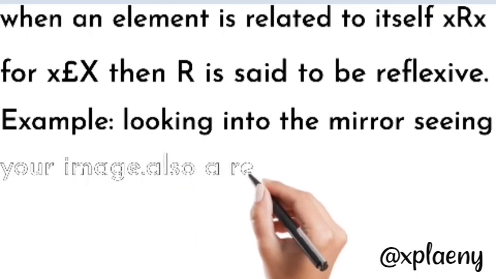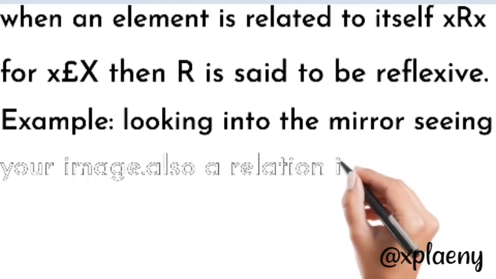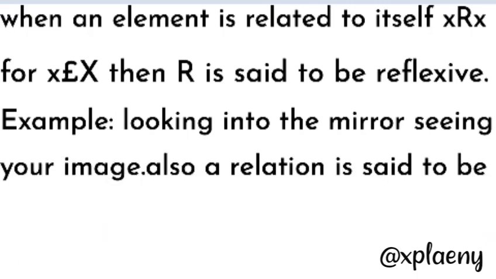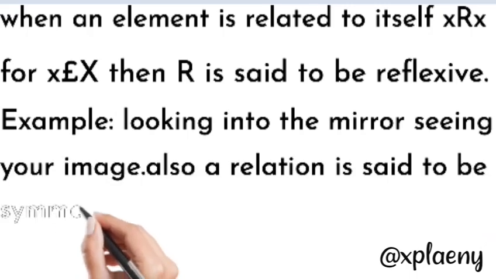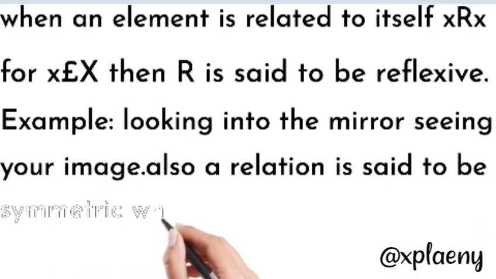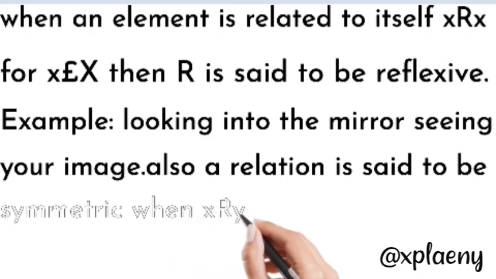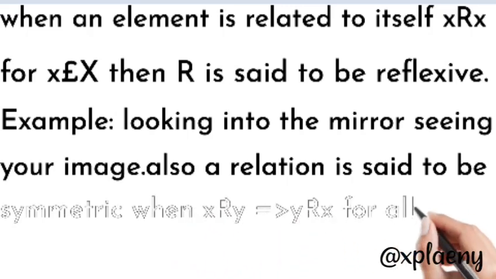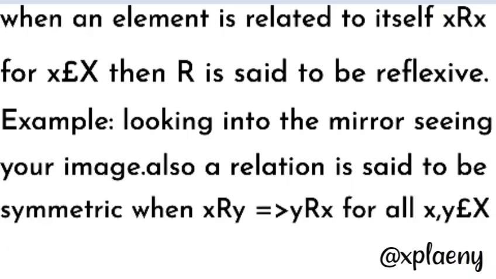So let's look at the other situation where our relation will be symmetric. When we talk about symmetry, we say that if x is related to y, this means that y is related to x, for all x and y in our big set. An example for this is just small numbers.